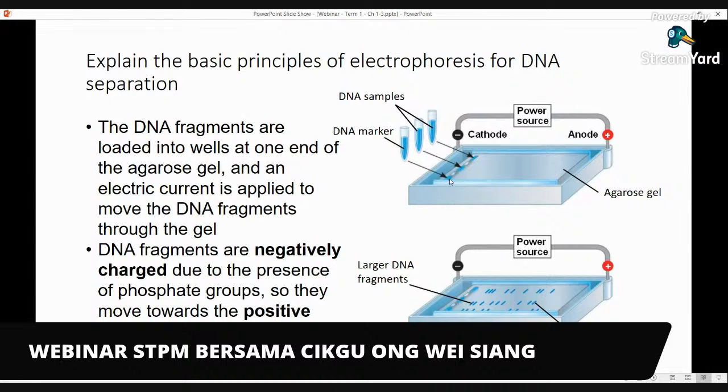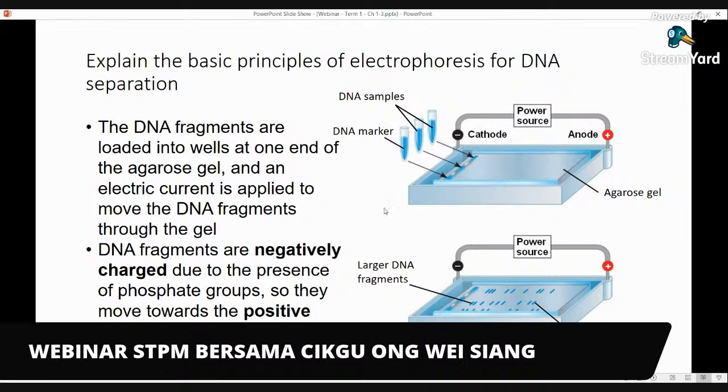Here they have a lot of wells, and an electric current is applied to move the DNA along the agarose gel. Students must mention that DNA fragments are negatively charged due to the presence of the phosphate group. The phosphate group is the negative charge.